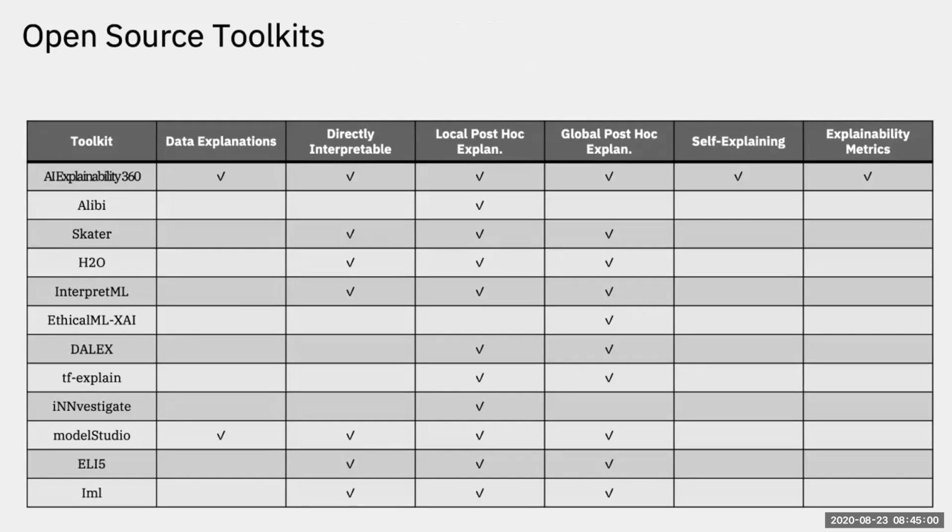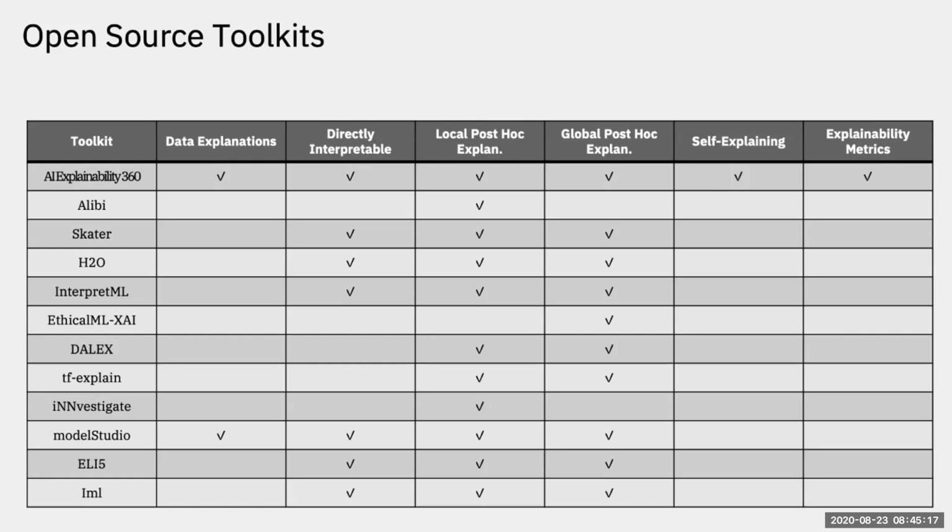Almost all of them have local post hoc explanation methods like LIME or SHAP, and many of them have global post hoc explanation methods, things like distillation methods or ProtoDash, which we talked about before.